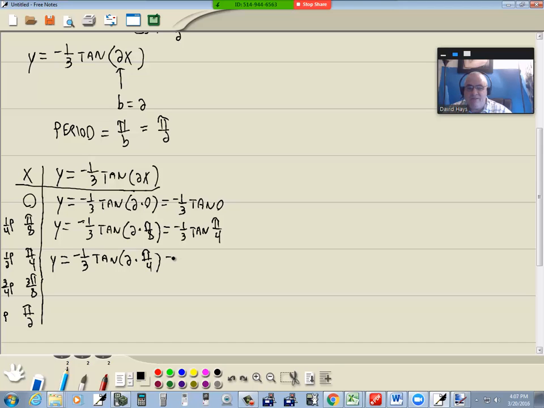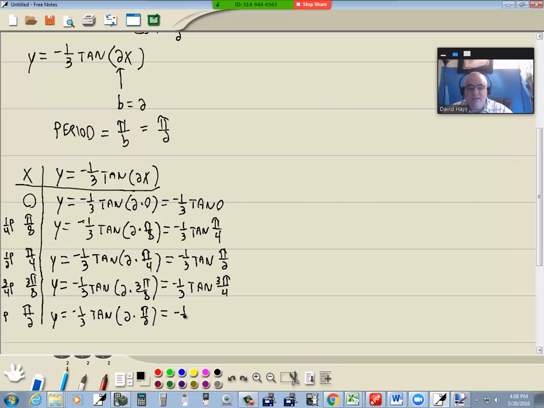So I'm just plugging in my x values. This is going to give us -1/3 tangent of pi over 2. And here we got y is equal to -1/3 tangent of 2 times 3 pi over 8, which is -1/3 tangent of 3 pi over 4. And we got y is equal to -1/3 tangent 2 times pi over 2, which is -1/3 tangent of pi.